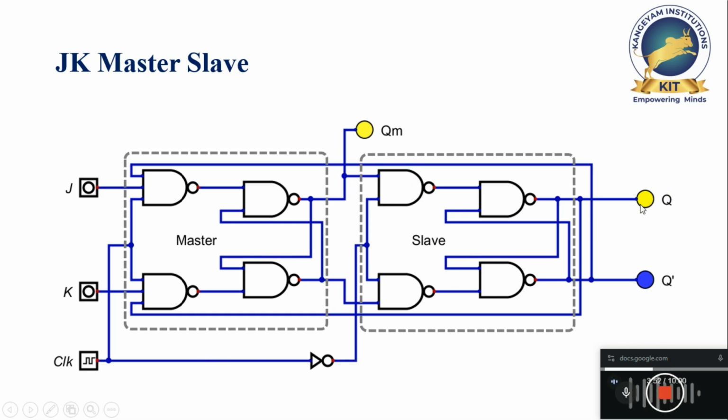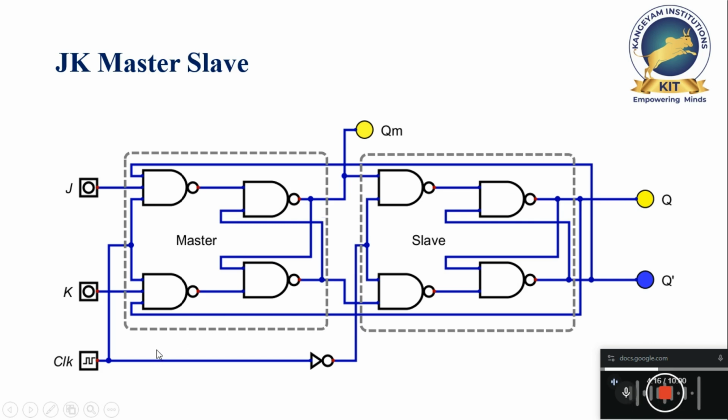This output is nothing but a memory output. When this is 1, the master will be active and the slave will be inactive. In that case, this will act as a memory, and this QM is nothing but the output of the master. So the output of master will be 1, and this becomes the memory condition.